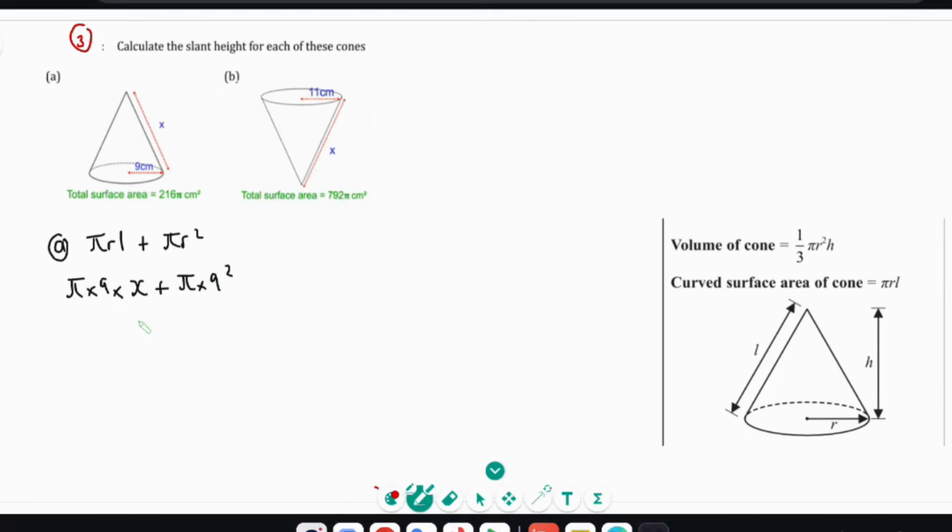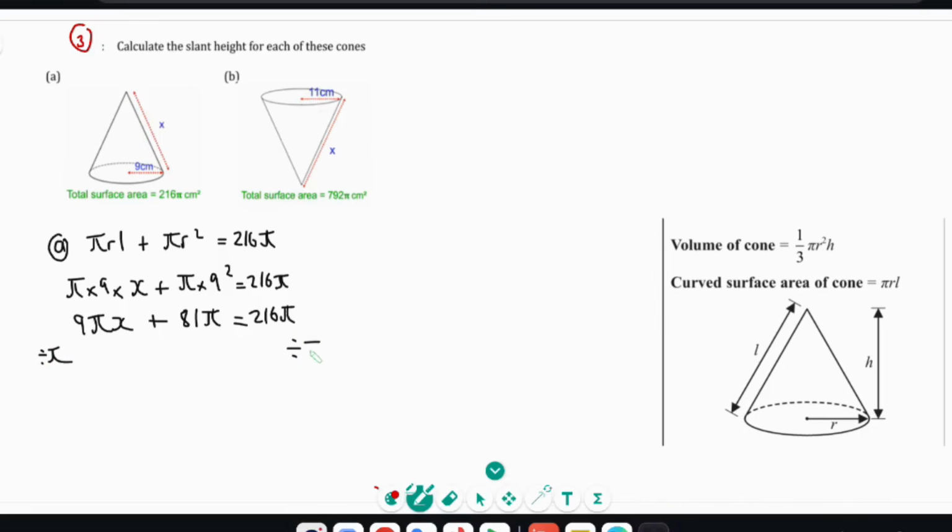I'm just going to write everything in terms of pi here. We know that's equal to 216 pi. We've got 9 pi x plus 9 squared is 81, plus 81 pi is 216 pi. Now the easiest thing to do here is to divide through by pi.